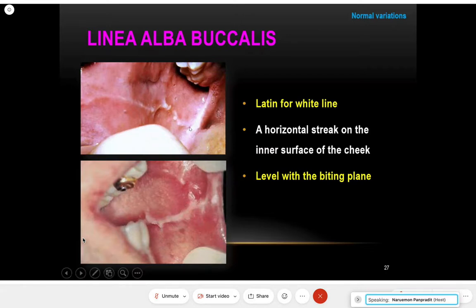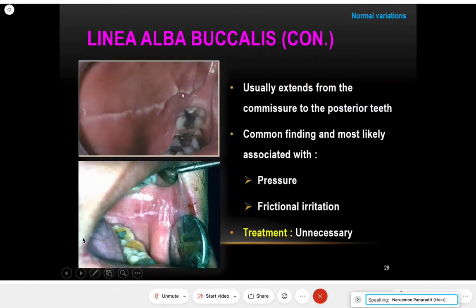And it can extend from the most posterior to the corner of the mouth, or just halfway or just 1/3 of the way. It depends on the person. You see this one from the back to the anterior. It's a white line.